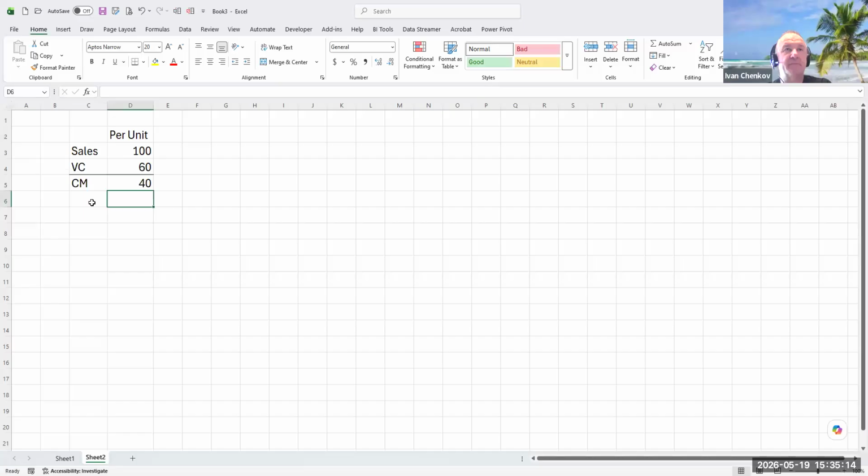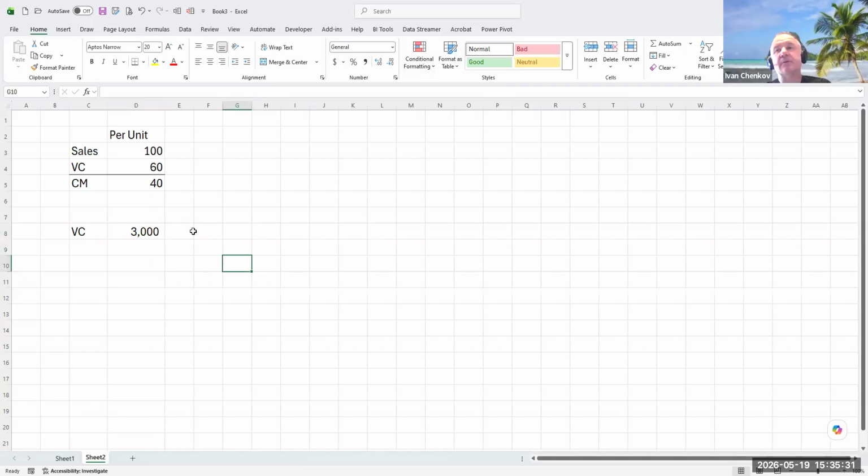That's $40. Then we're going to have the fixed cost, which will be one big chunk of money. Let's say the fixed cost in our company is $3,000. So once we know this, we can start working.